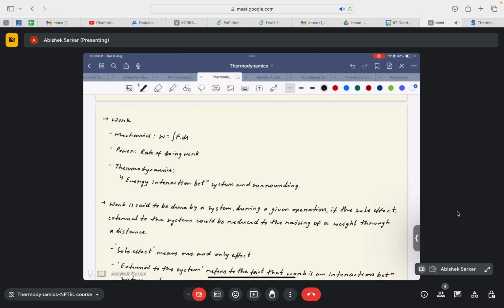We'll see how the expression for the PdV work changes for different types of processes: isothermal, adiabatic, isochoric, isobaric.